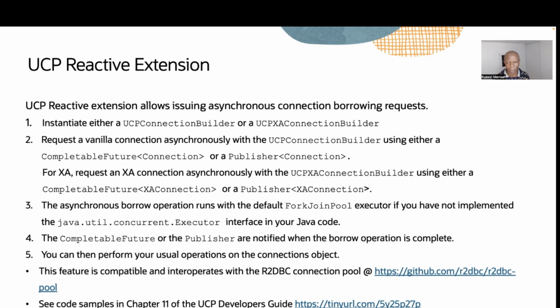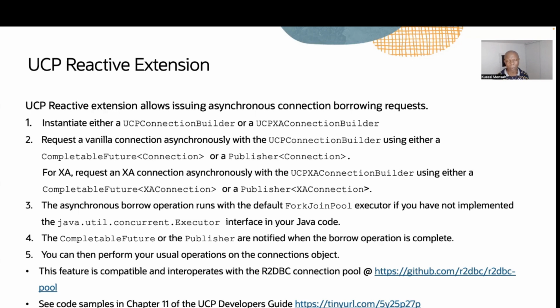Then it will asynchronously use either a completable future or a publisher. Publisher, remember, is the Java util concurrent Flow. So UCP supports both mechanisms. For XA, it will use the UCP-XA connection builder, using a completable future for an XA connection or the publisher for an XA connection.